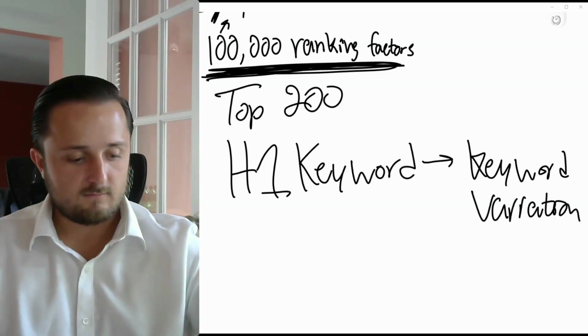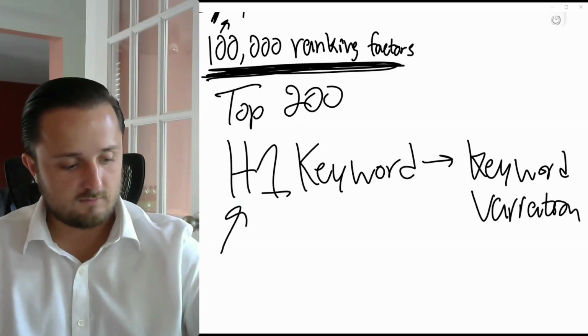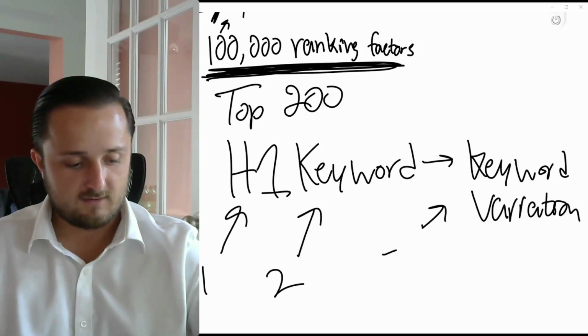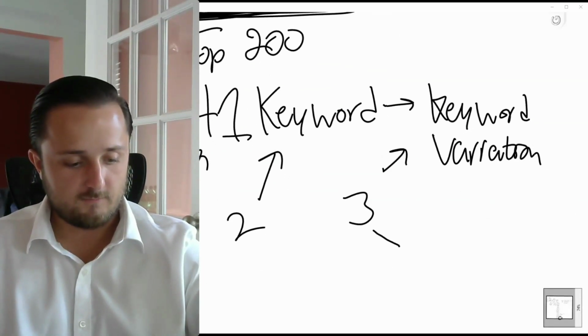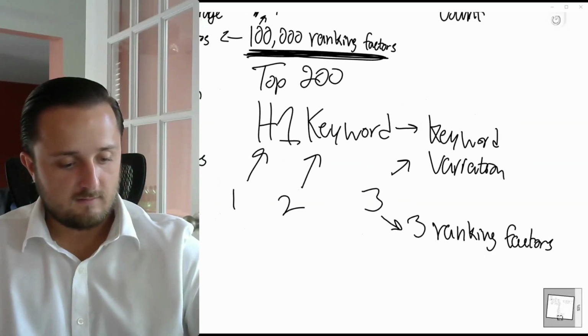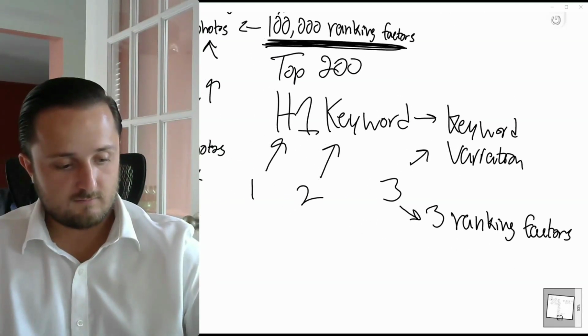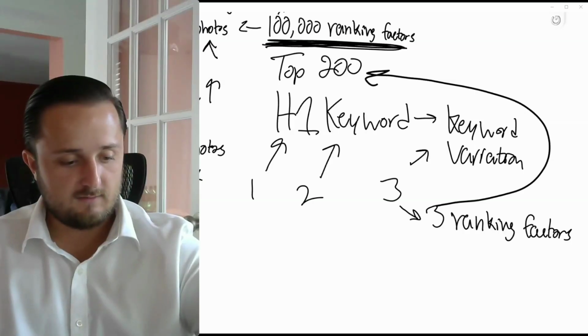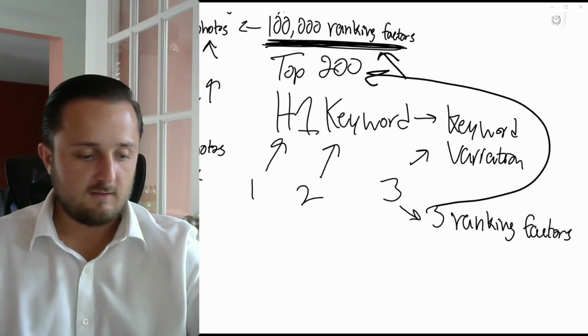So I have an H1, that's 1, there's a keyword in it, that's 2, and then I've got a keyword variation, so 3. From this one instance, I can get 3 ranking factors. And this is just one example of where I can start getting closer there.